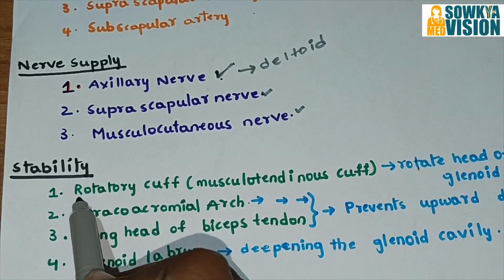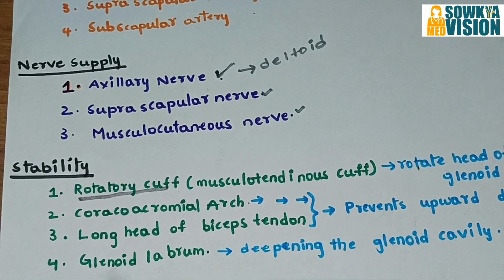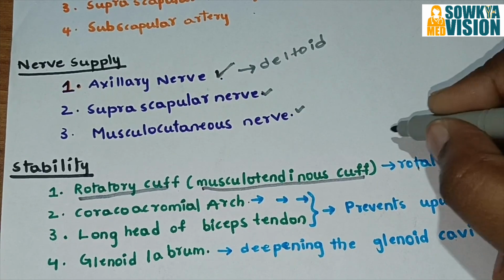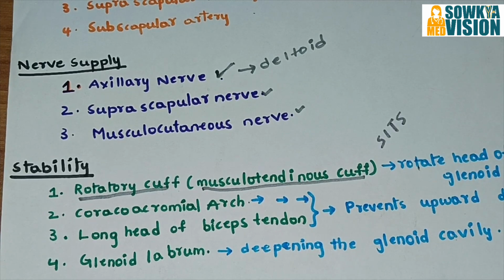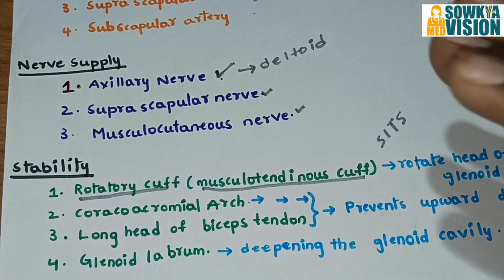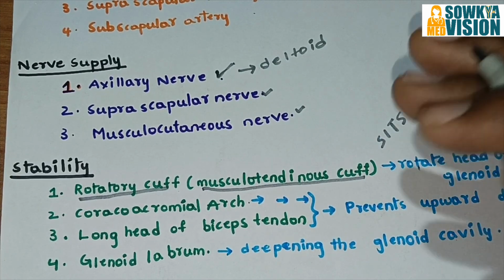They are the rotator cuff muscles, also known as the musculotendinous cuff. Why? They are formed by muscles and tendons. Of which muscles? The SITS muscles. These four muscles are involved in the formation of the musculotendinous cuff, and they surround the shoulder joint.